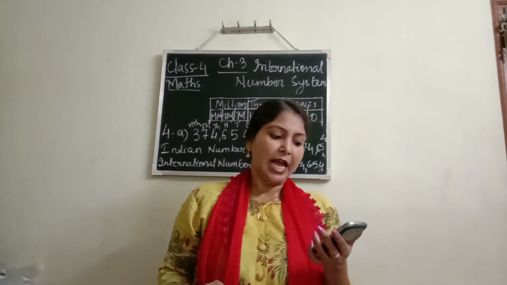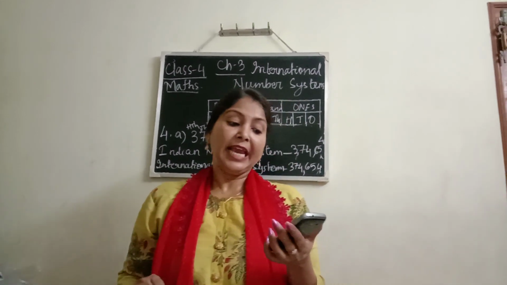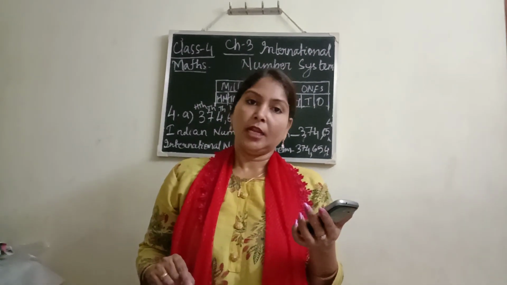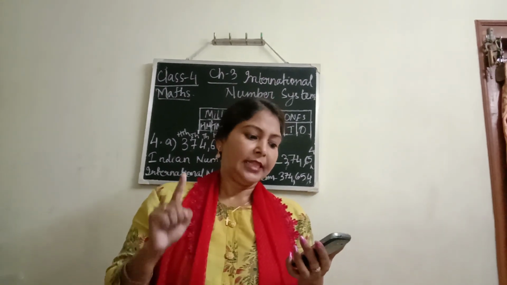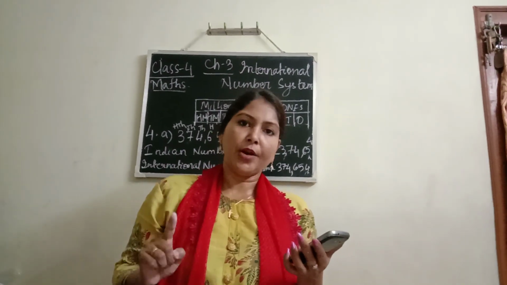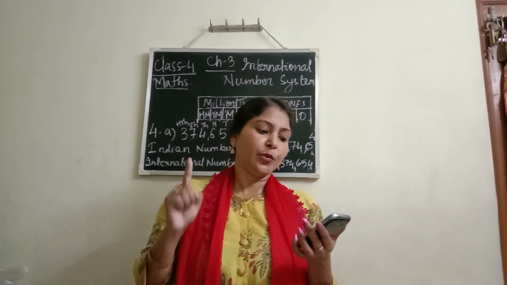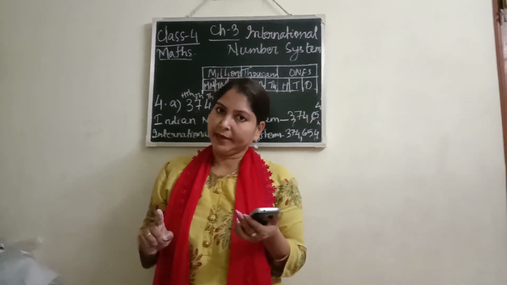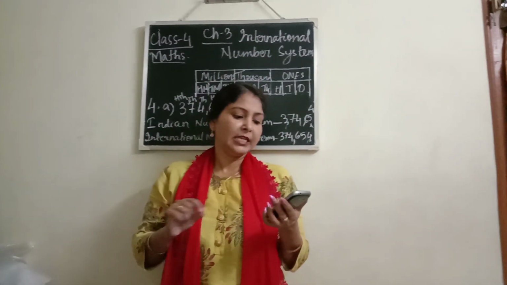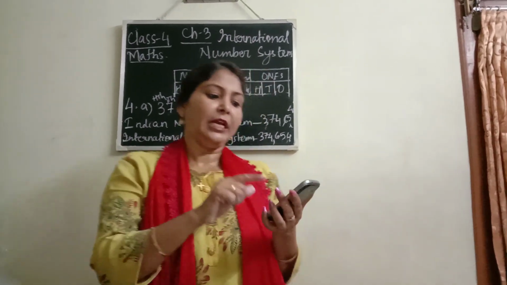We will read this as 83 lakhs, try to listen, 83 lakhs, then 13,410. 83 lakhs, 13,410. Okay, and you will write this like: rewrite the following numbers of the international number system as per the Indian number system.